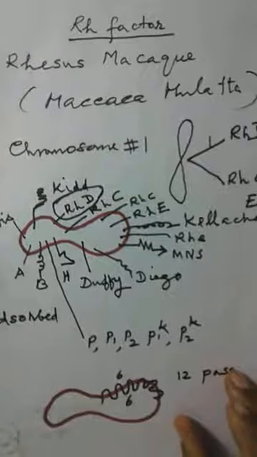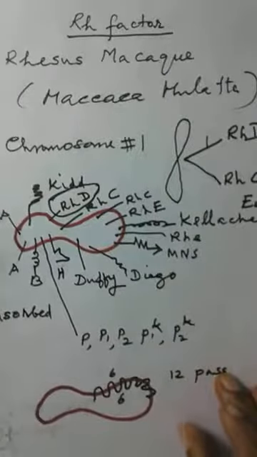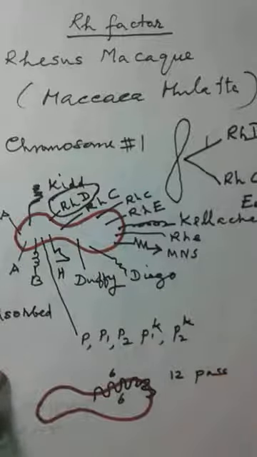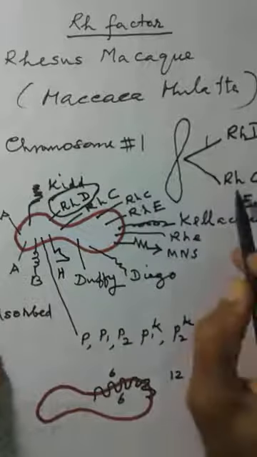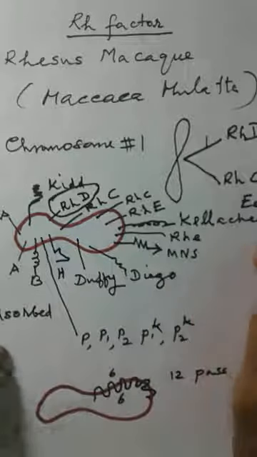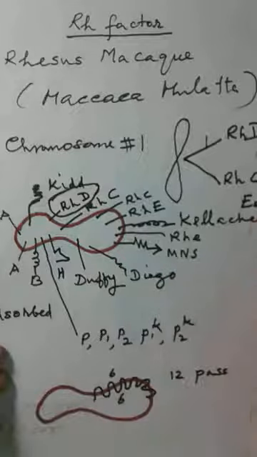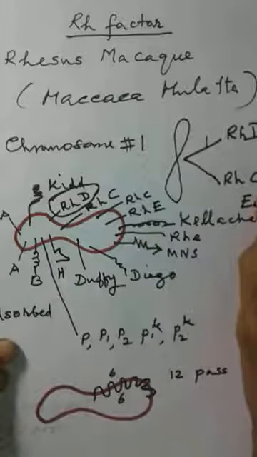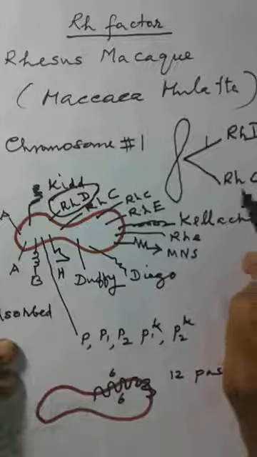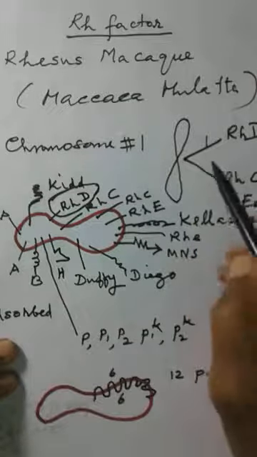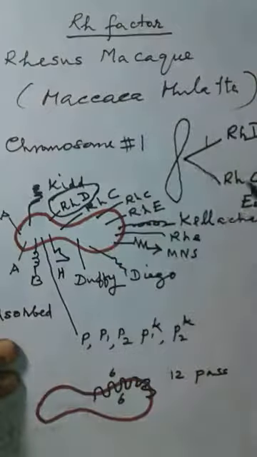RHD, okay, RHD, RHC and E. There is no small d, only small c and small e are there. It is produced from chromosome number 1.